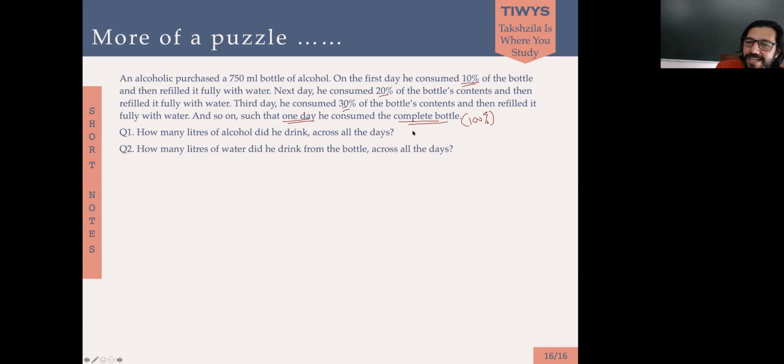Alcohol is never added, students. So the alcohol that you would have drunk is going to be 750 ml itself, right? All the alcohol, nothing is added. Now for water. Water is a little difficult.